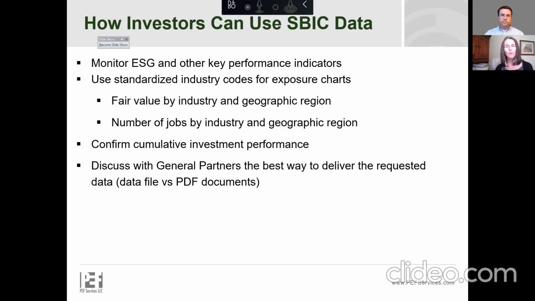And we've seen some LPs of the SBIC funds, it really varies. Some of them are looking for that detailed cash flow information, and some of them are looking for more of the higher level information.